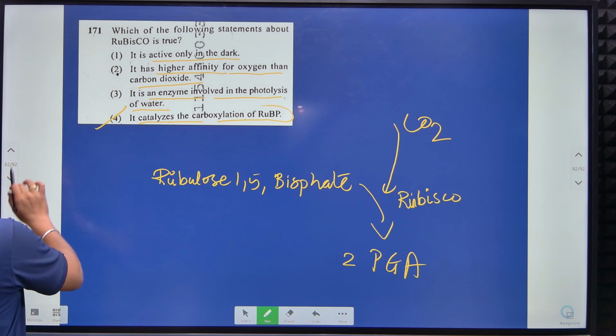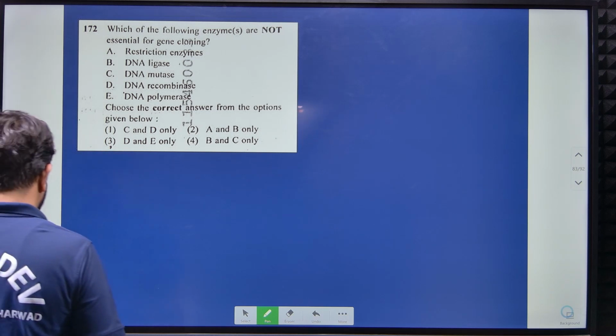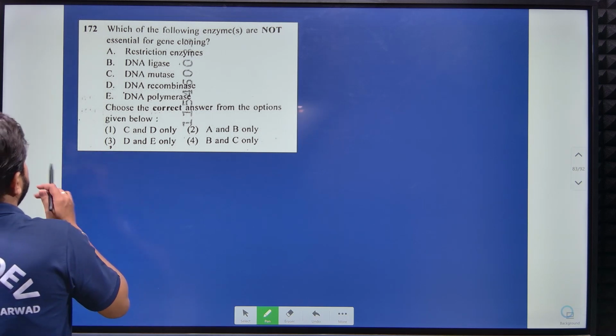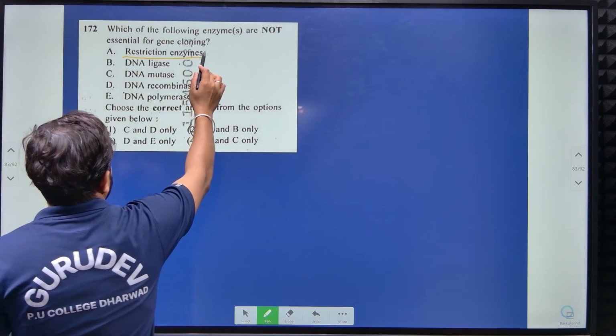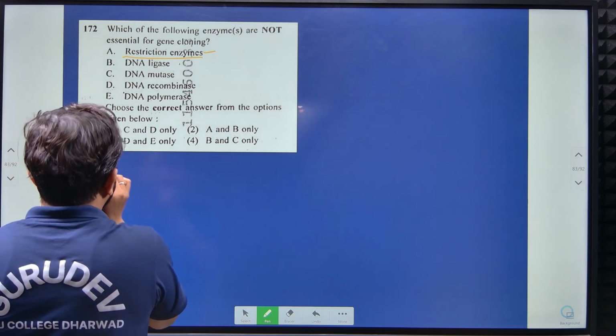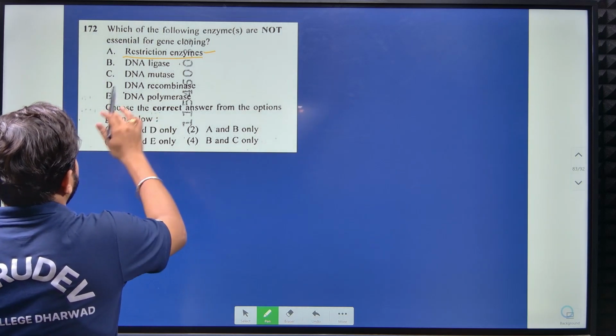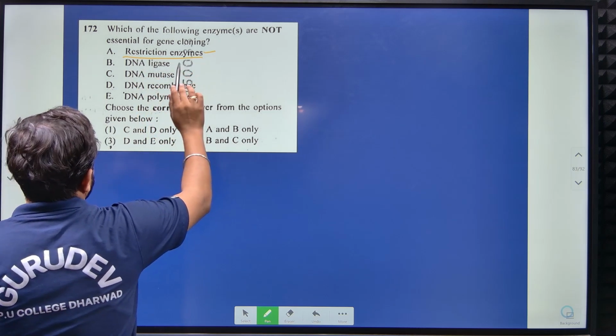Then, which of the following enzymes are not essential for gene cloning? If I consider here, restriction enzyme is required for gene cloning, yes, right? What is not essential they are asking. So restriction enzyme is required.